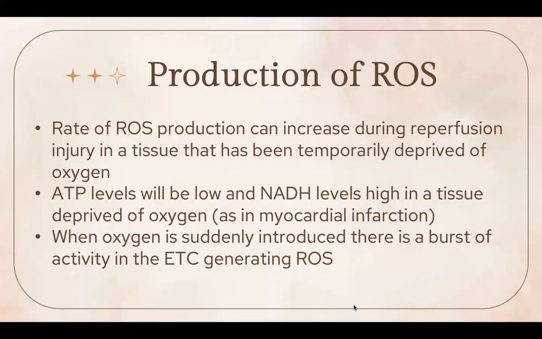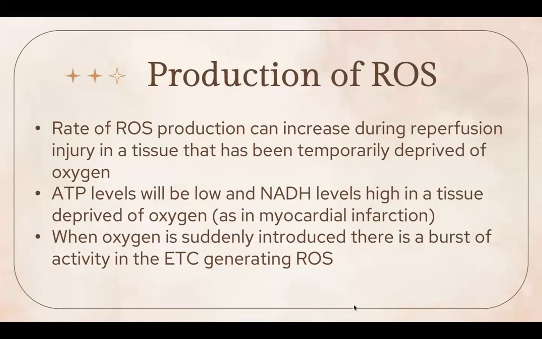So with lack of oxygen, your electron transport chain stops working, ATP levels start decreasing, NADH levels start increasing because of the deprivation of oxygen in that tissue, right? What happens when you suddenly restore the blood supply to the heart, you remove the blockade? There's reintroduction of oxygen.